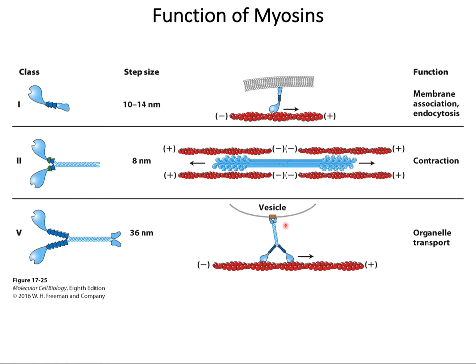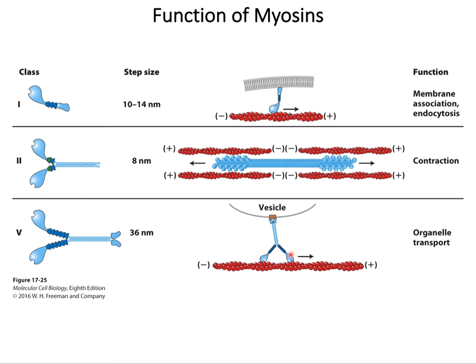It moves vesicles from the minus end to the plus end of the actin in cells and also positions organelles. So in this diagram here, you can see that the myosin 5 tail is bound to an organelle such as a mitochondrion and moving it around in the cell using actin as a roadway.